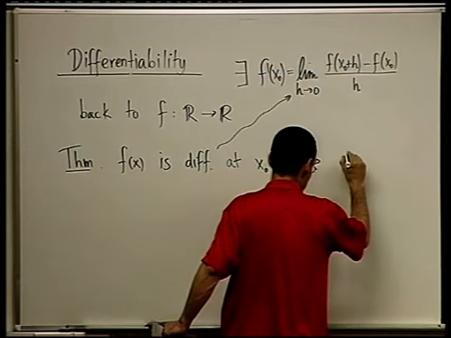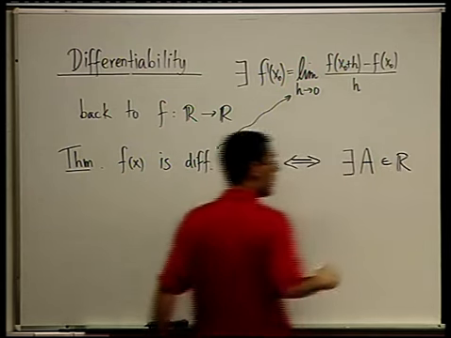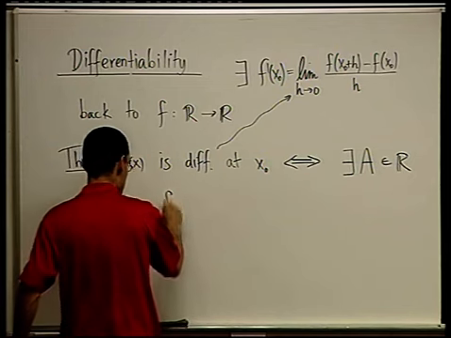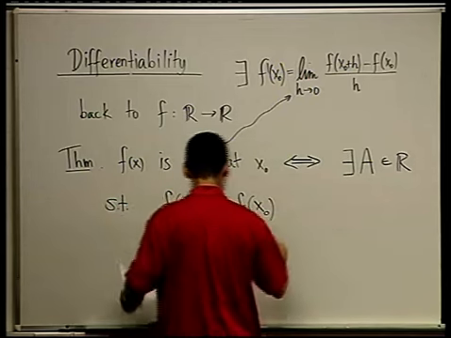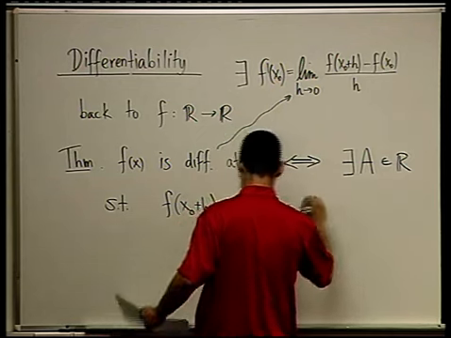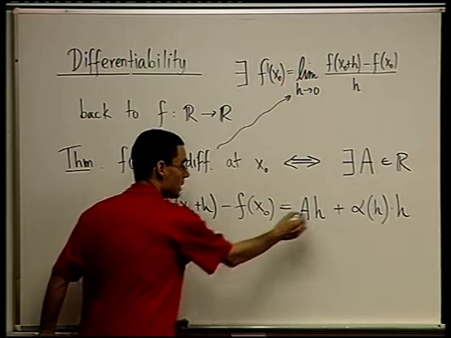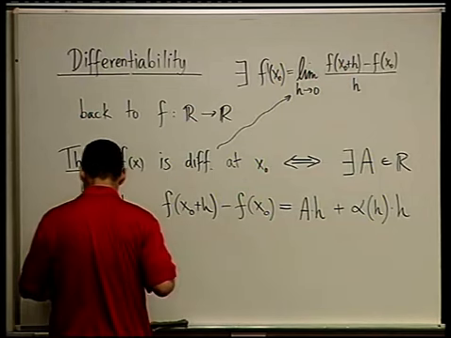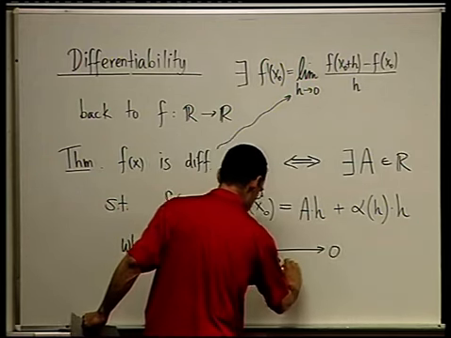So if there exists a certain number, which we're going to call a, just a real number a in R, such that f at x0 plus h minus f at x0 equals a times h plus alpha of h times h, where alpha of h approaches 0 as h tends to 0.